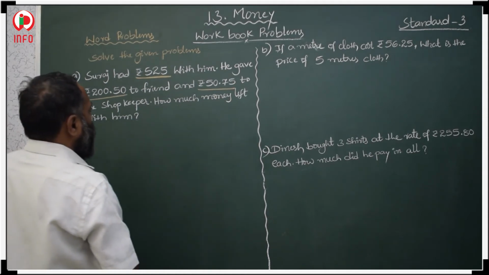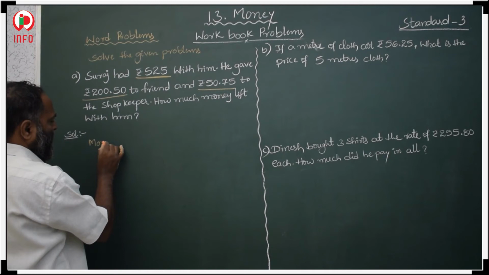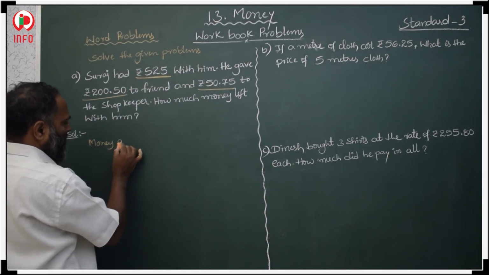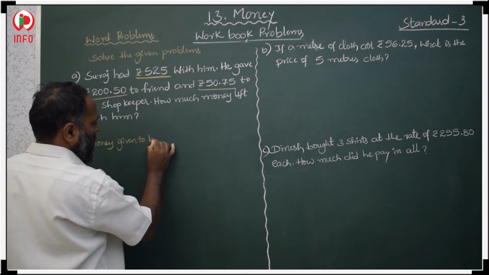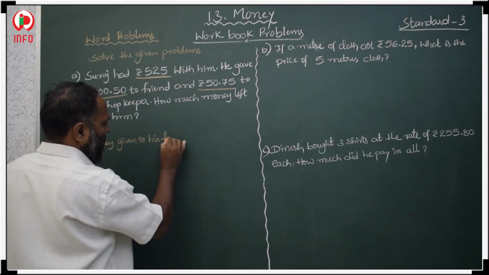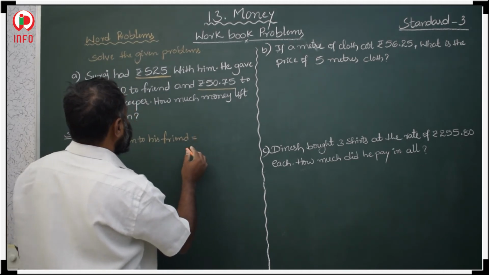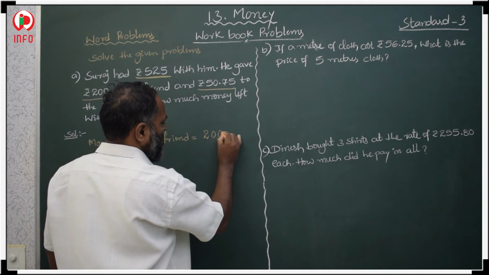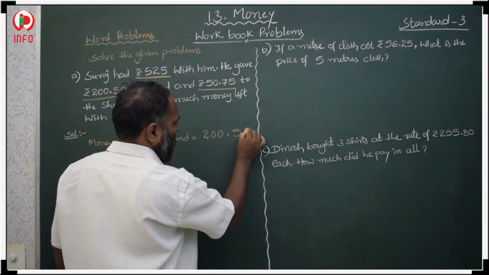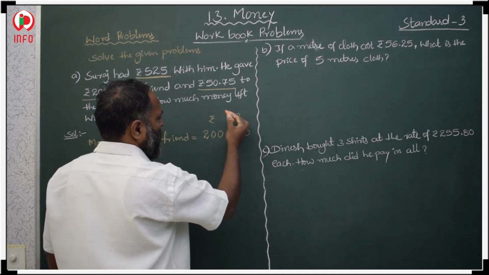Now first, money given to his friend. How much money has he given to his friend? That is 200 rupees and 50 paisa. Here rupees, here paise.